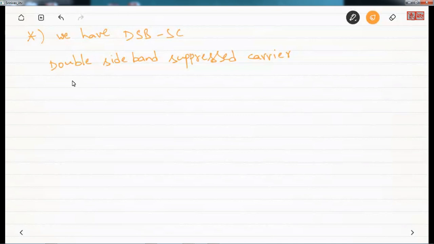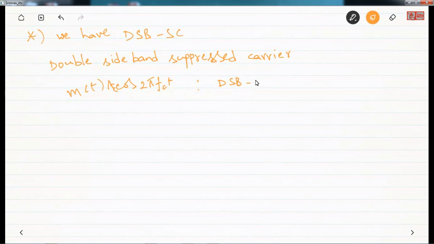So simply by taking the message signal m of t and multiplying that with cos 2 pi f ct, to be precise A_C cos 2 pi f ct, we obtained the double sideband suppressed carrier signal.